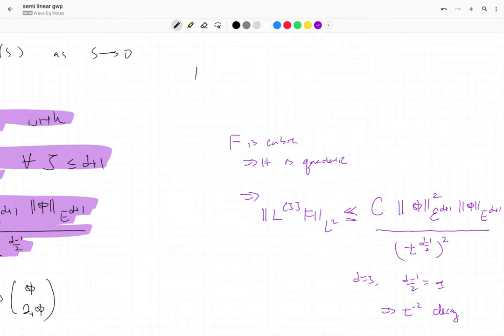Okay, so the whole name of the game really is trying to push through sufficient decay to make the nonlinearity integrable. If you have a cubic nonlinearity, then the decay rate is going to be governed by the L infinity norm squared. If you have a quartic, it's going to be governed by the L infinity norm cubed.